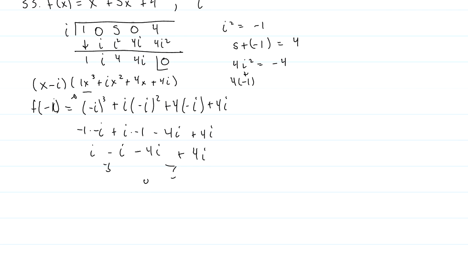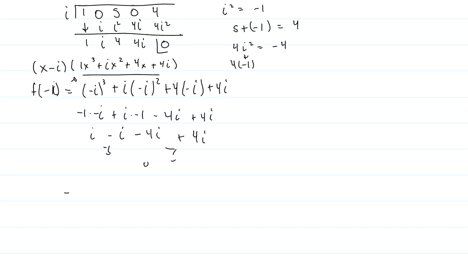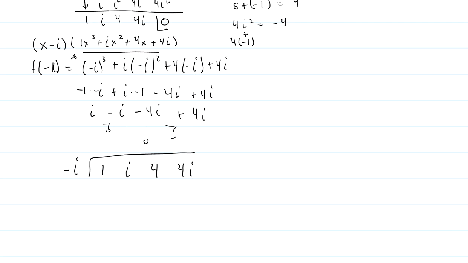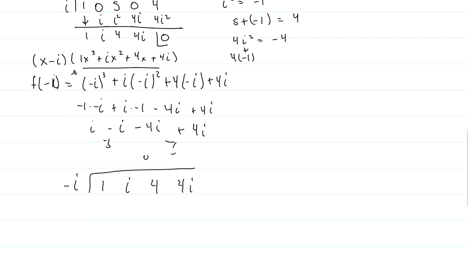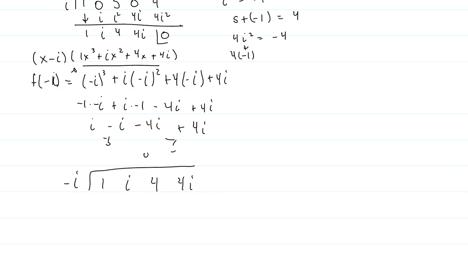So we take this and we divide by -i. So we write the coefficients 1, i, 4, and 4i. We bring down the 1. 1 times -i gives us -i.